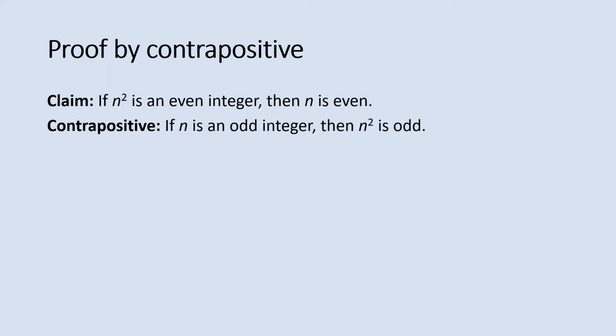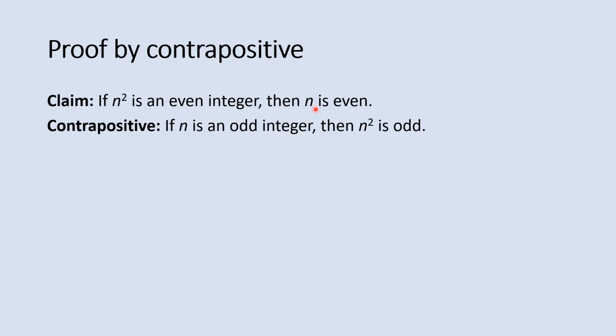So instead, we have a different equivalent method, a proof by contrapositive. So in this case, our claim was that if n squared is even, then n is even. And instead, we can write the contrapositive of that. The contrapositive of the statement is the negation of the conclusion.